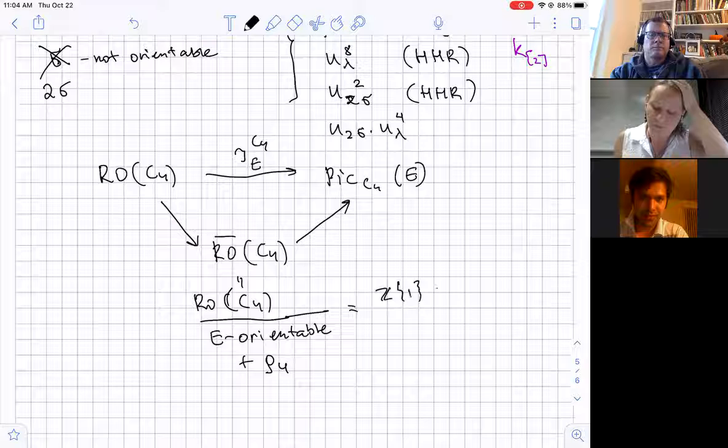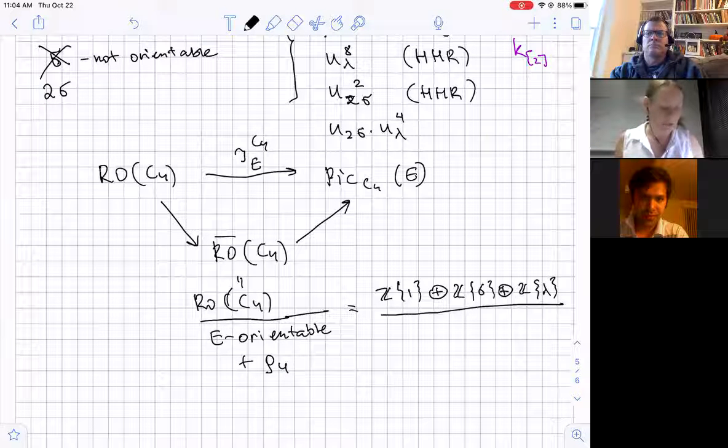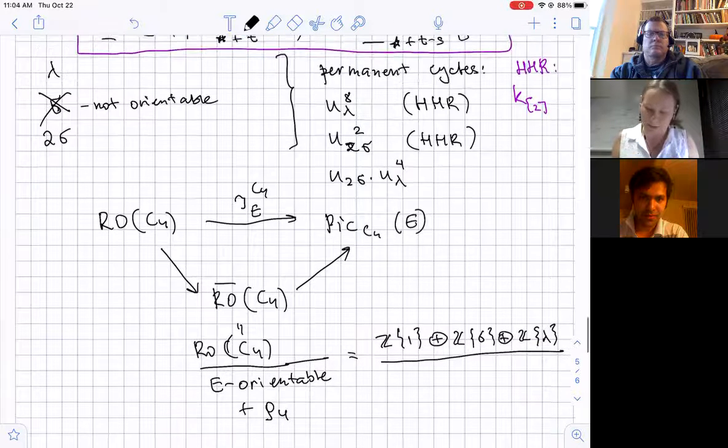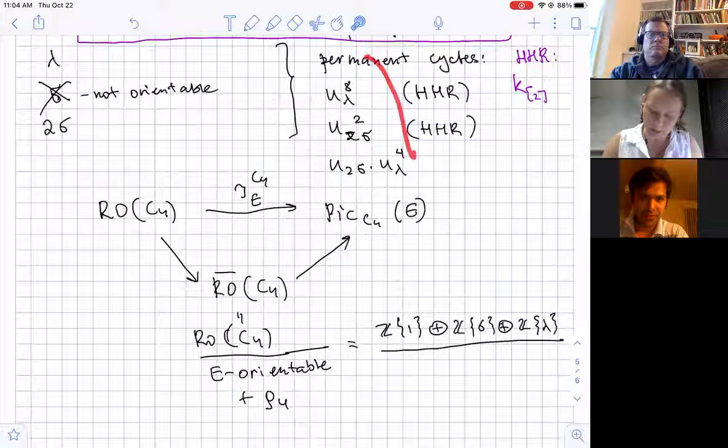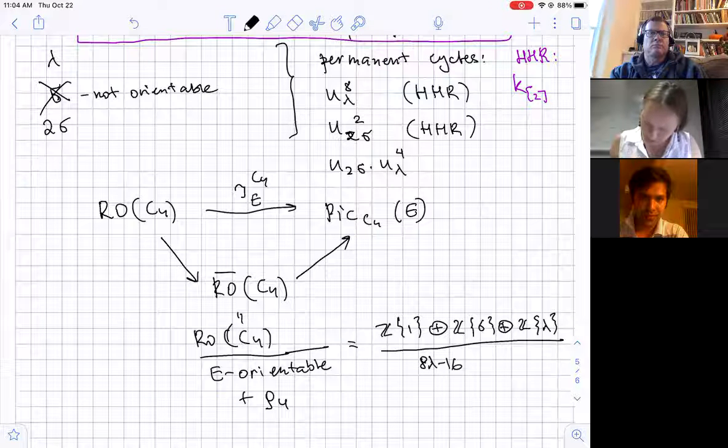ROC4 is generated by 1, sigma and lambda. These permanent cycles give me that 8 lambda minus 16 is 0, and 4 sigma minus 4 is 0.